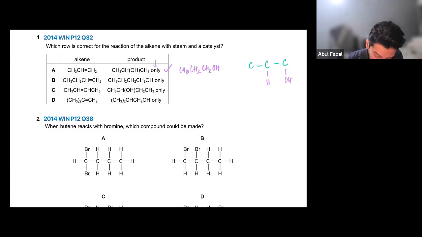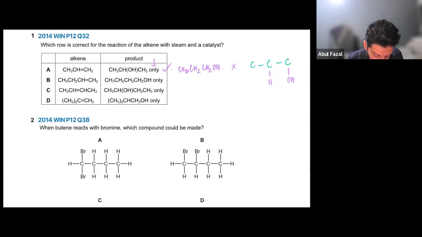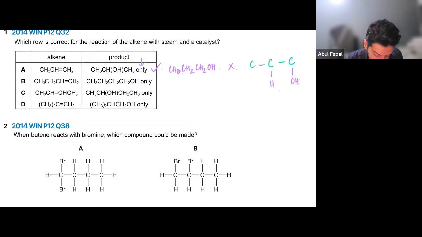And it's not only one, right? So A is wrong. They're not talking about the only one. Same issue over here. You'll have an OH at the end, sure, but you can also have an OH joined over here, which is not only then. This is out.